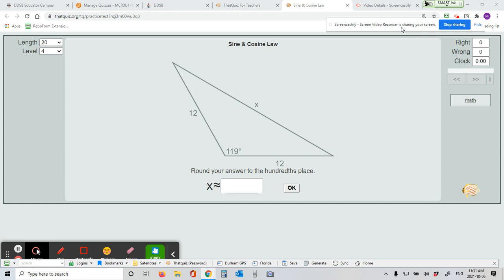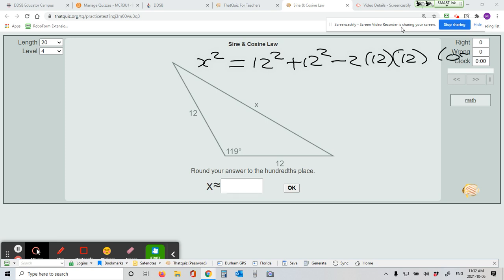So I'm going to go ahead and set this up now. I'm going to say that x squared is equal to the 12 squared plus the 12 squared minus 2 times 12 times 12 cosine of 119.